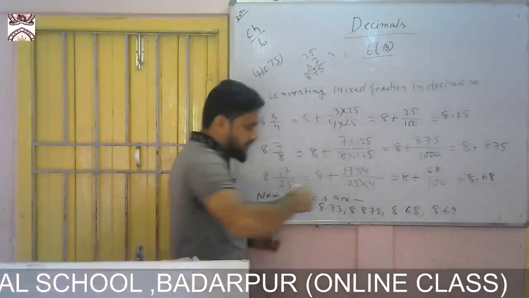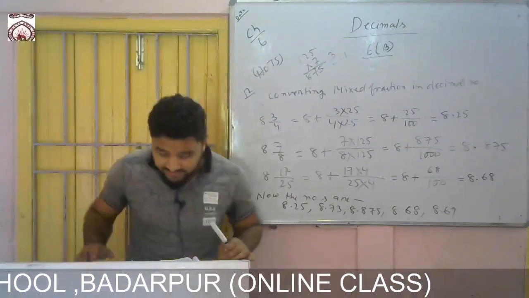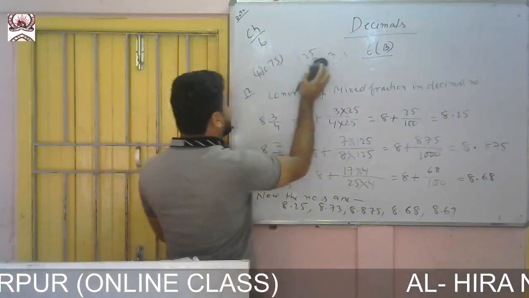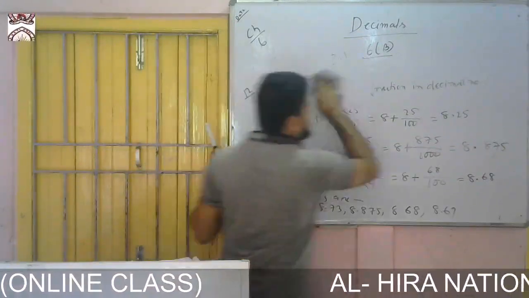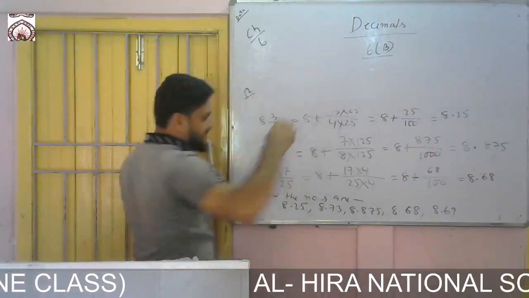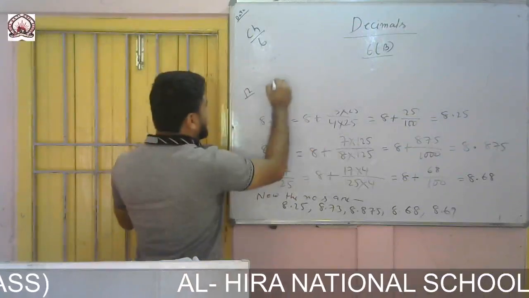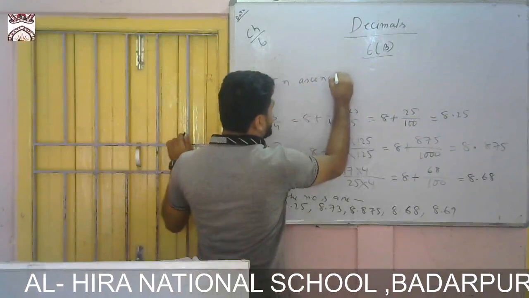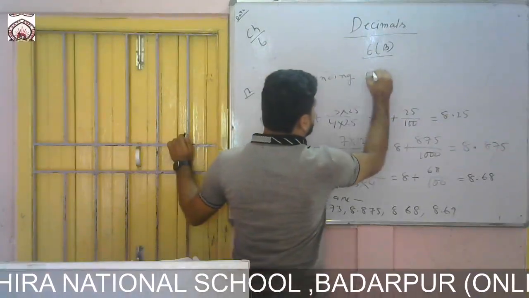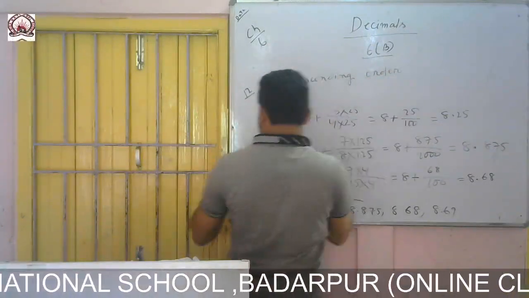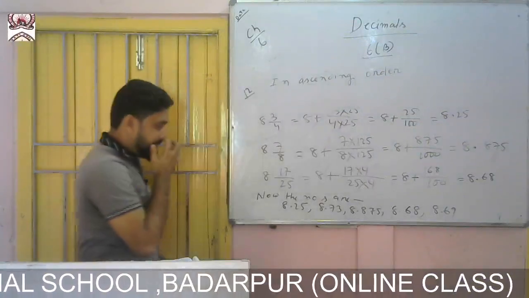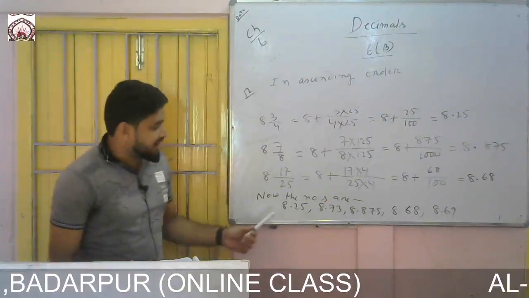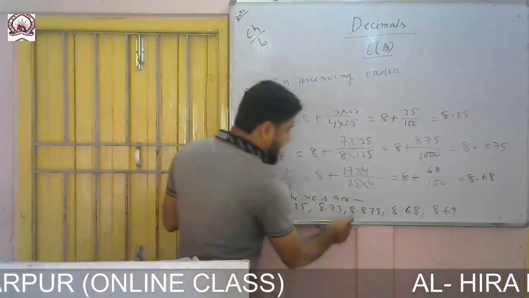Now we shall arrange in ascending order. Now write the numbers in ascending order. First you see 8, 8, 8, 8, 8.